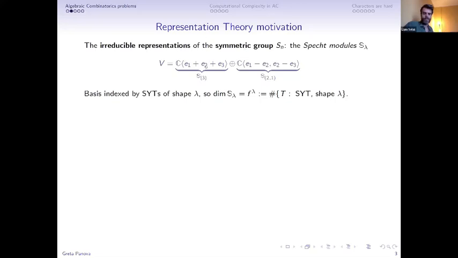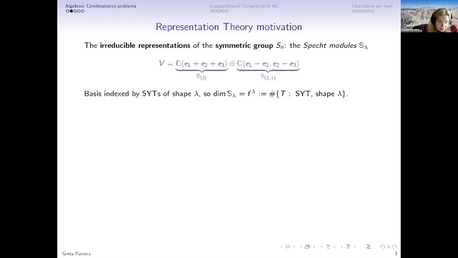Okay. So these are our guys. In this particular case, if we take the vector space C^3 generated by the three vectors e1, e2, and e3, the symmetric group acts by permuting coordinates, and these are the two invariant subspaces that are, in this case, the Specht modules.